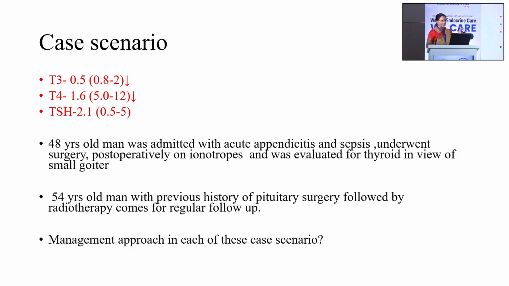In the second scenario, with pituitary surgery and radiotherapy, it's central hypothyroidism, where T4 and T3 will be low and TSH can be normal, low or slightly elevated. So the background history will help you make an appropriate decision on interpretation of the thyroid function test, whether to treat or not to treat, whether to worry or not to worry, or reassure the patient.